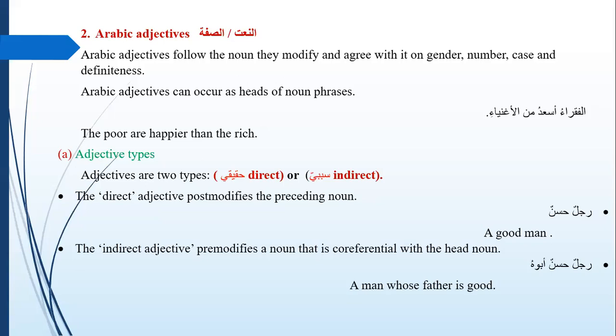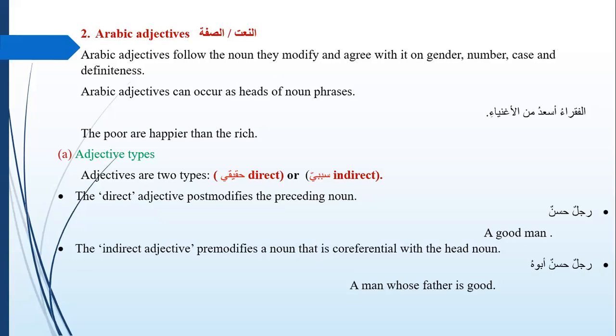Arabic adjectives can occur as heads of noun phrase. Head يعني it takes the position of the head noun in the sentence. الفقراء أسعد من الأغنياء. من الأغنياء لأنها مجرورة بحرف الجر من. الفقراء هنا، لاحظ هذه صفة.